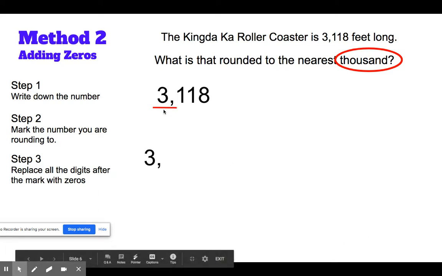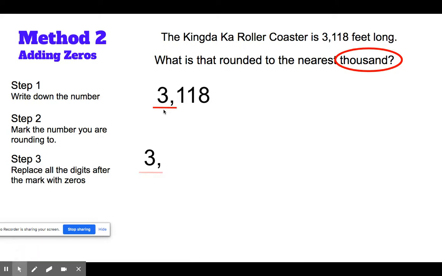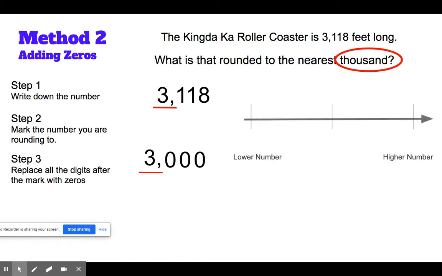So we're going to write the 3 and replace all the other digits with zeros. So we're going to have 3 zeros here. Now we're going to start building our number line. This here is going to be our lower number on the number line, which is 3,000. Now we have to figure out what our higher number is so that we can round to the nearest 1,000.